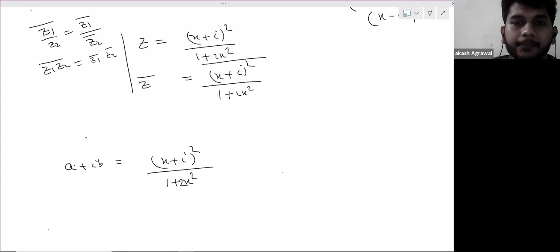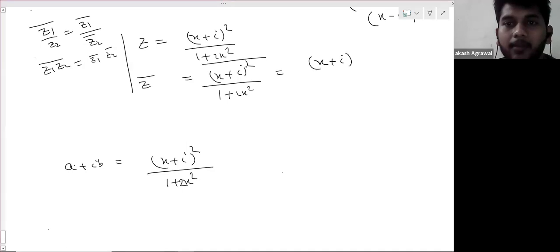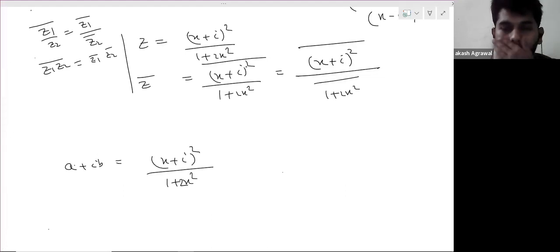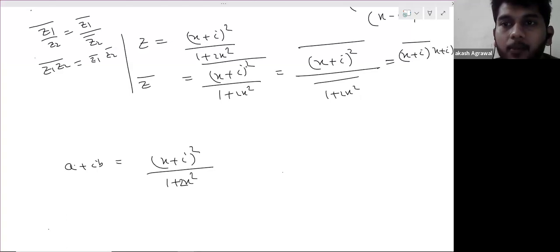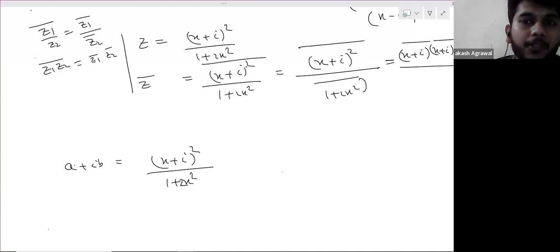This is clear? Okay. So can I break it down like this? The conjugate of (x plus i) whole square over the conjugate of 1 plus 2x square. Further, I can write this as (x plus i) conjugate, (x plus i) conjugate, divided by conjugate of this.